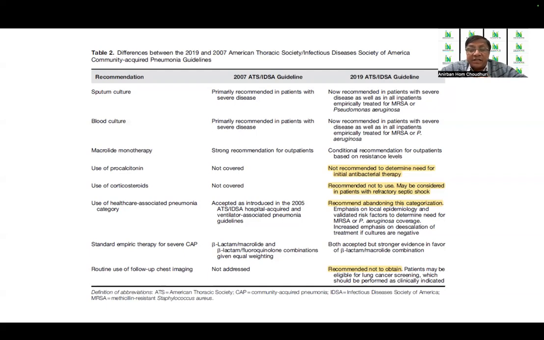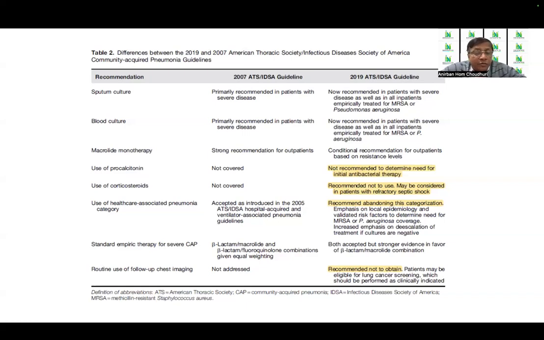It is only for de-escalation. And regarding corticosteroids, it was recommended that they not be used. They were only considered in patients with refractory septic shock. So this is as per the 2019 guidelines, and it was not covered in 2007.